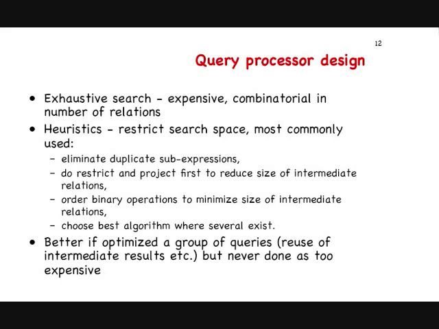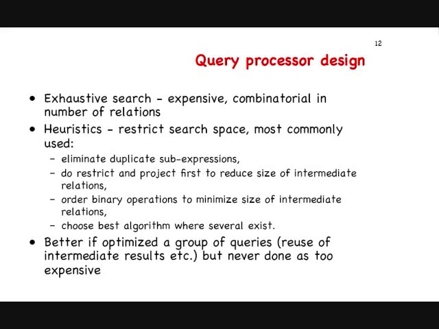We try and do restriction and projection first, because that's a good way of reducing the size of intermediate relations. And then we order our binary operations, mostly our joins, but this also applies to union and so on, to minimize the size of intermediate relations.